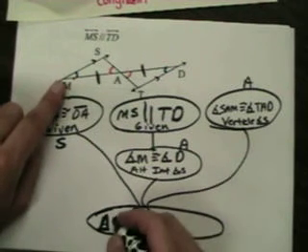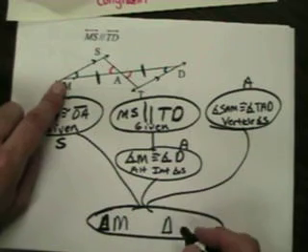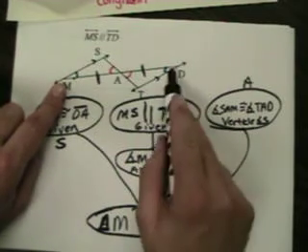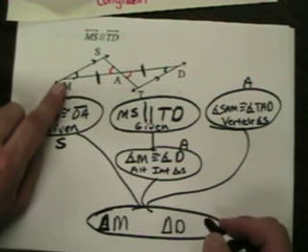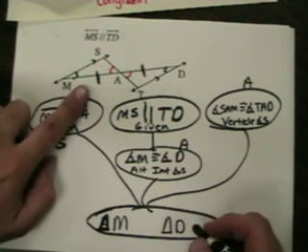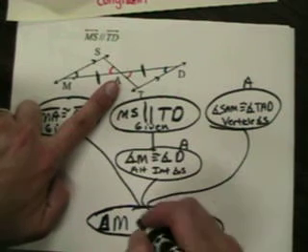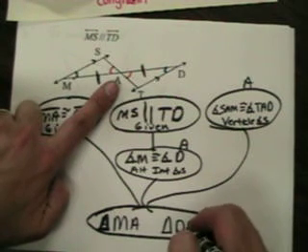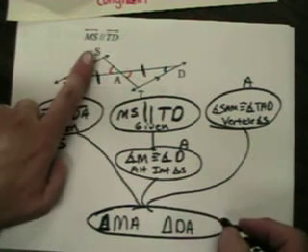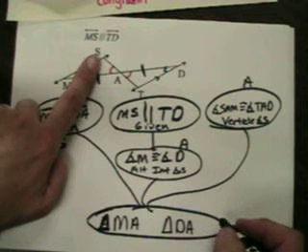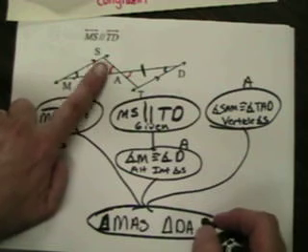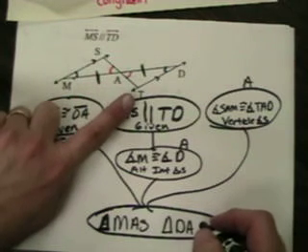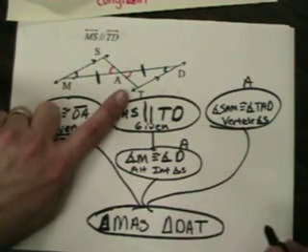So I'm going to start with the M. Which angle matches with M? Angle D. Which angle matches with A? It seems that A is the same on both of them. And which angle matches with S? This is the M one, MAS, and DA has to be the last one, T.